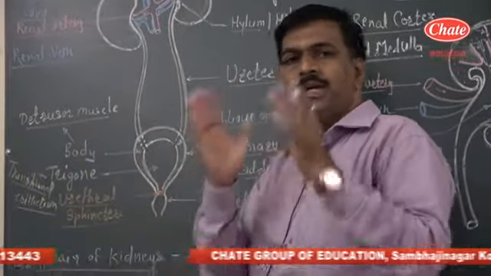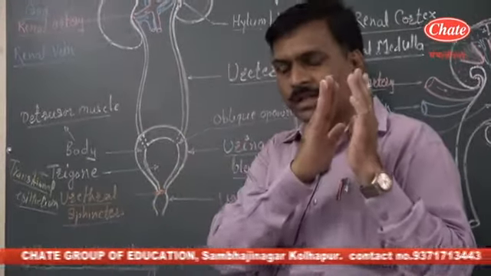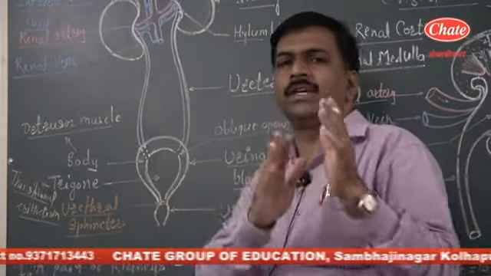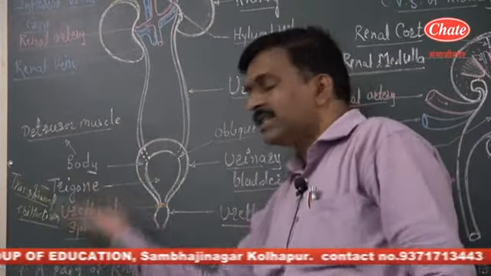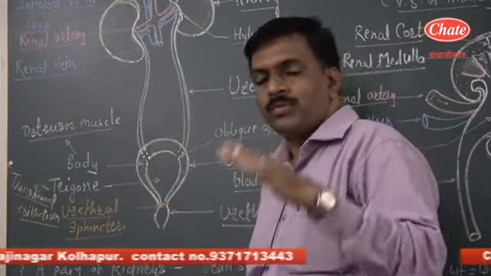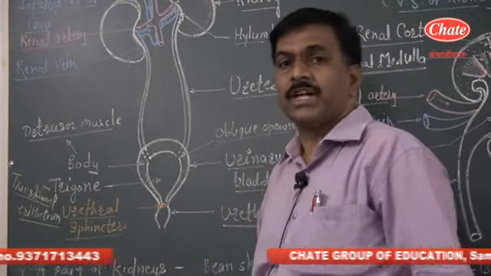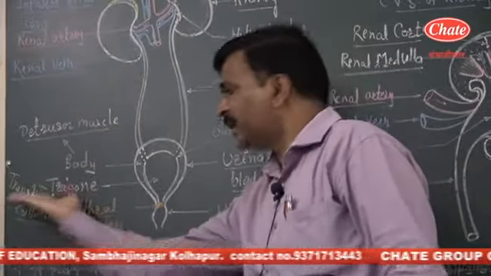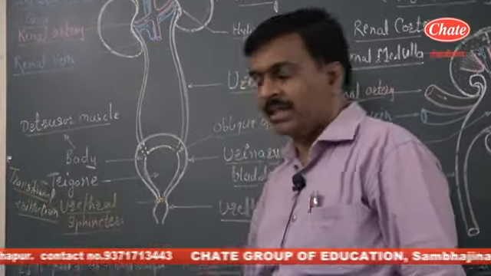This is the most important aspect: what is meant by transitional epithelium? Transitional epithelium is similar to stratified epithelium, but the difference is that in stratified epithelium we observe the basal layer, the stratum germinativum, and this stratum germinativum is absent in the transitional epithelium.